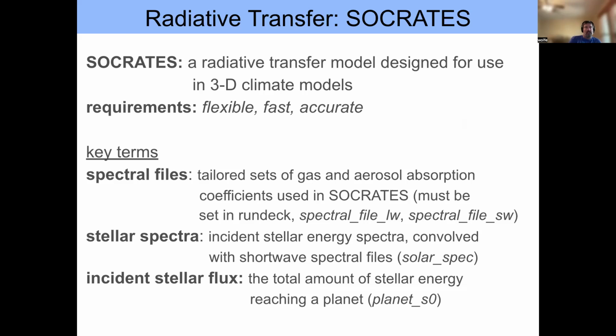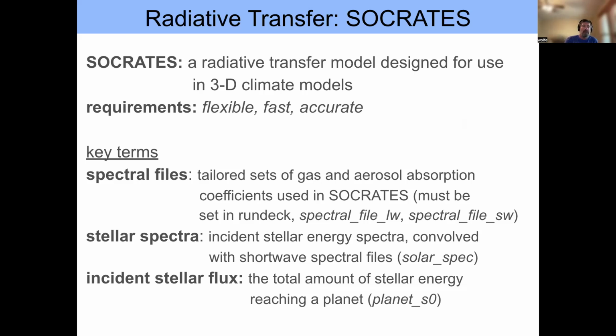And there's a separate spectral file you'll see in the run deck for each of the long wave and short wave streams. So those are easily kept separate in your mind. The short wave stream is the sun's energy. The long wave stream is the planet's energy, and how those filter through the medium, which is the atmosphere.